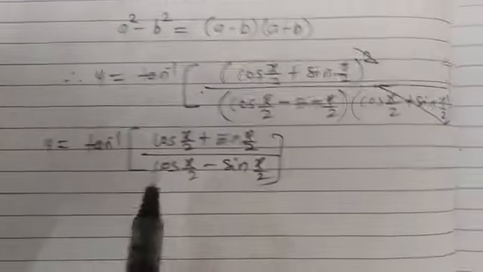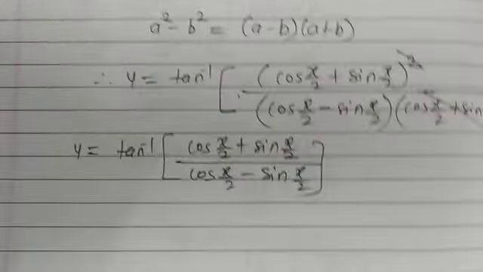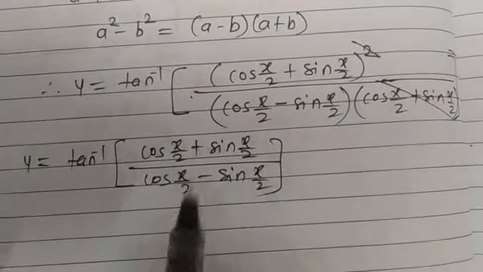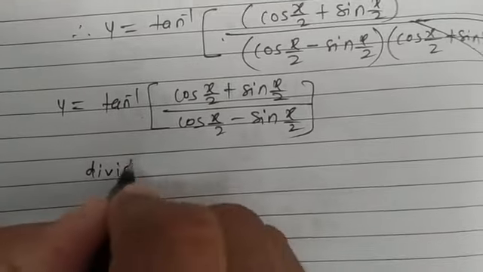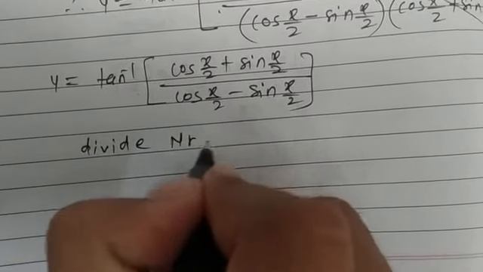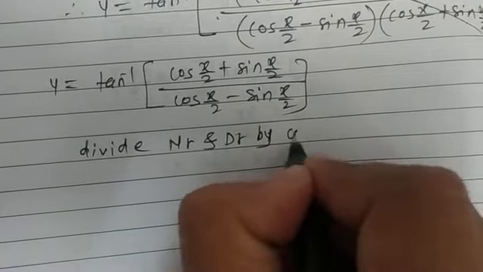Now till now this bracket part is not in terms of tan, so how to convert it? We know that sin upon cos is tan, so we divide the numerator and denominator by cos x by 2.